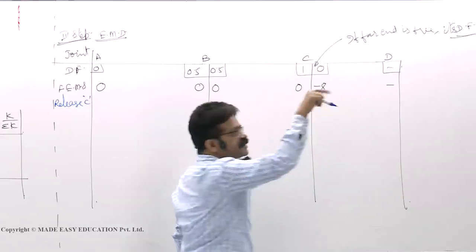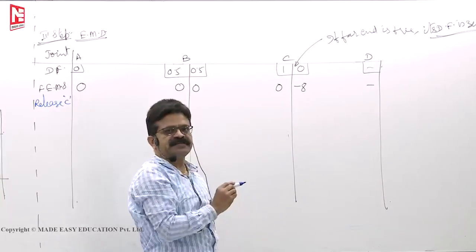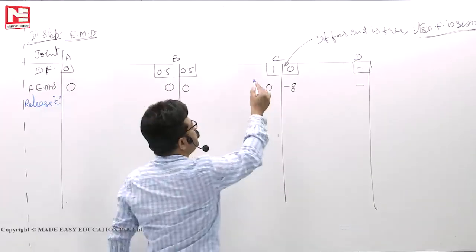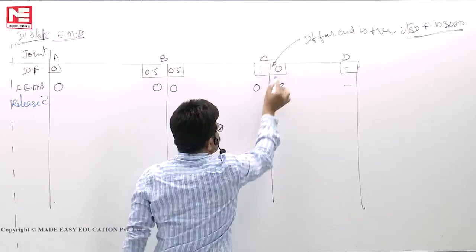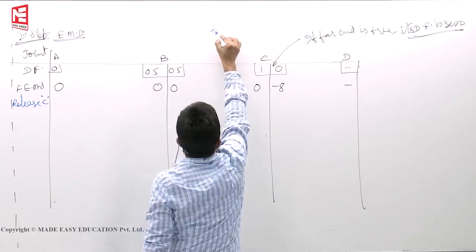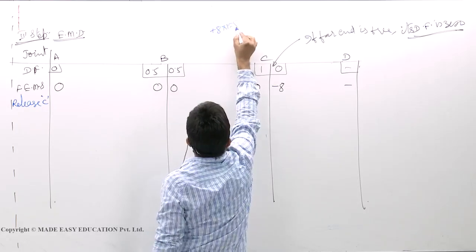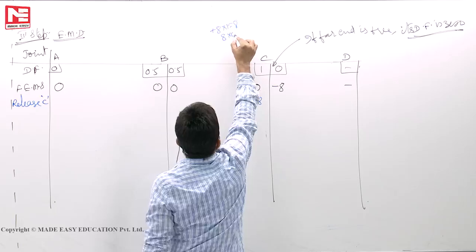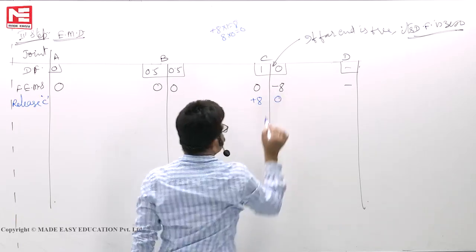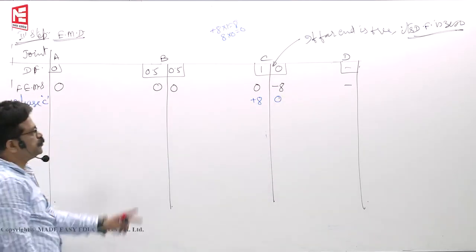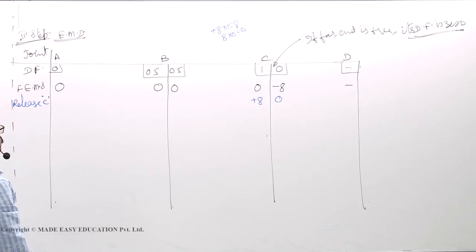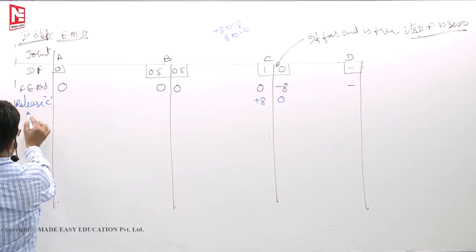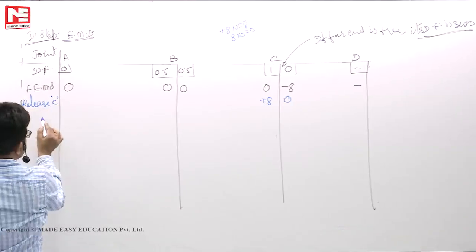When you apply plus 8, how will it be distributed? You apply plus 8. Plus 8 means clockwise. Plus 8 into 1 is 8. So plus 8. Plus 8 into 0 is 0. So this is how it gets distributed. So release C. Then how much is carried over?